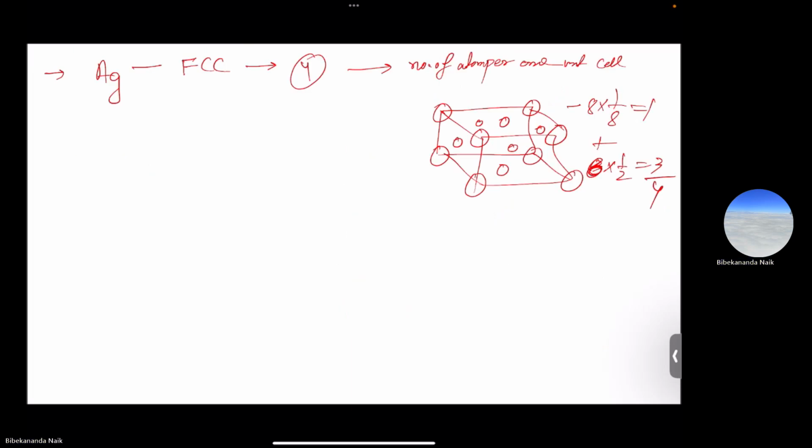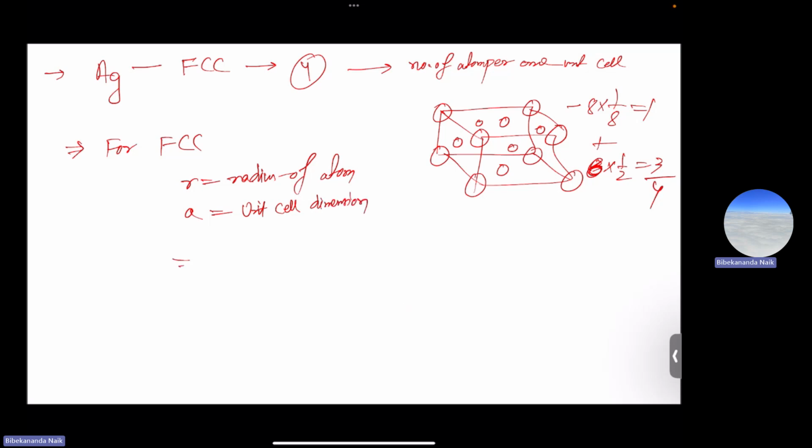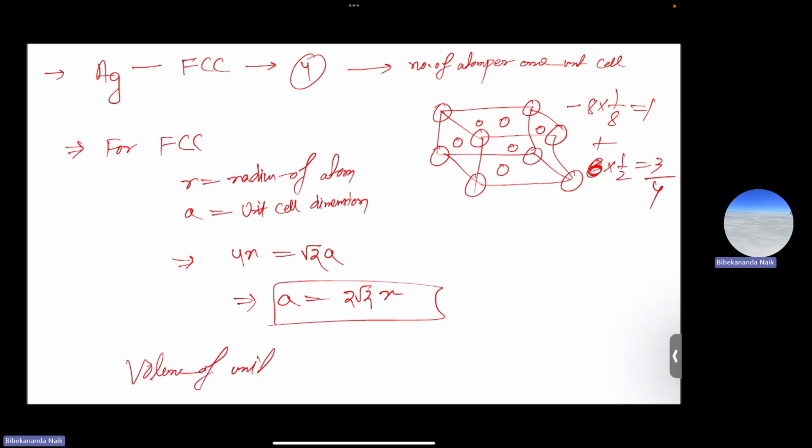But if you talk about the unit cell, we know for FCC structure, if R is the radius of atom and A is the unit cell dimension, then the relation is 4R equals root 2 A. So A is 2 root 2 R. So the volume of unit cell will be A cube, since it is a cube of side A. This is A.